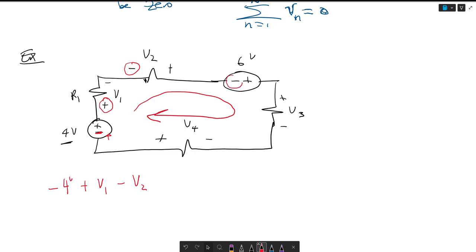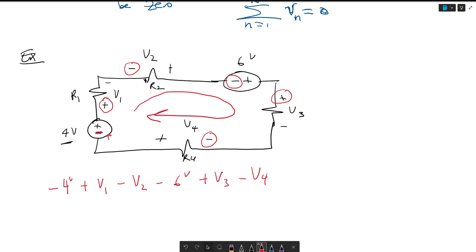And then here it's coming in the minus sign for 6 volts, so I put a minus 6 volts. And here it's plus for V3, so I put a plus V3. And here it's a minus V4 for R4. I forgot to label that, R4, R2. So I put a minus V4.